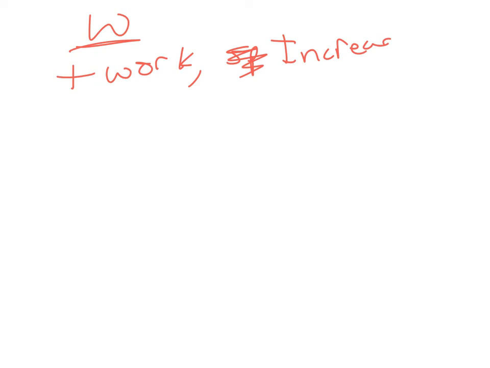Sort of in general, the direction of work, or not really direction, it's a scalar. But if we do positive work, that means we are speeding up or increasing energy. And if we do negative work, we decrease energy.